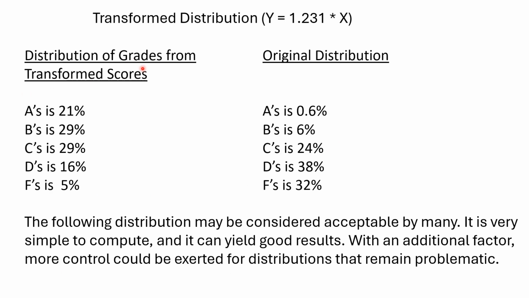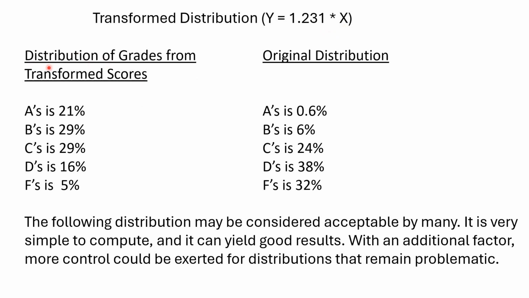In this slide, we're comparing the assignment of grades from the original distribution, the one that had a mean of about 65, and using this transformation, with y being 1.231 times x.